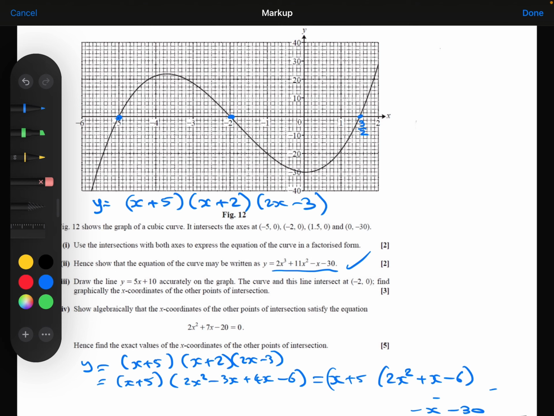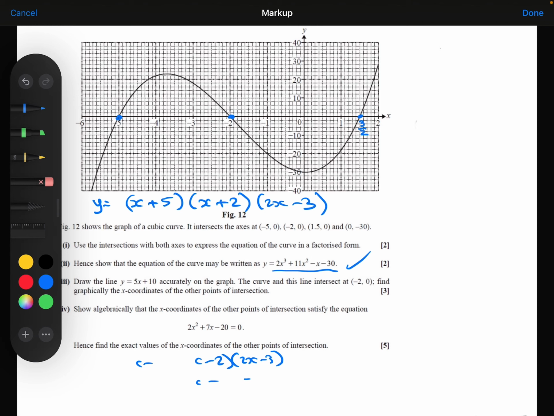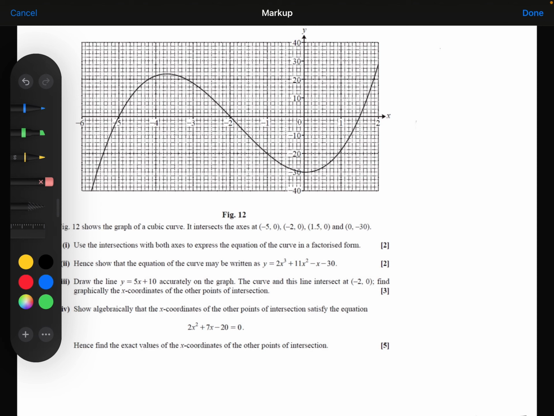Right, part III, or part 3. Draw the line y equals 5x plus 10 accurately onto the graph. So 5x plus 10, let me draw that on. It's going to be a straight line. It's got a y-intercept of 10, so it's going to intersect here, and it's got a gradient of 5, which means I'm going to go along 1 square in the x-axis and move up 5 squares in the y-axis. So along 1, up 5, which takes me to about here.